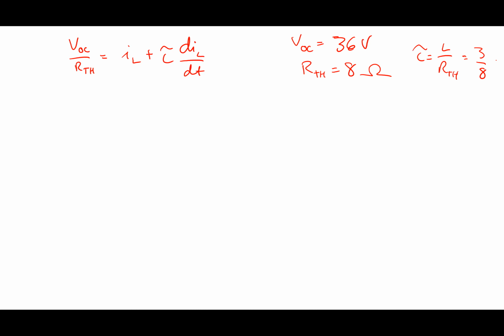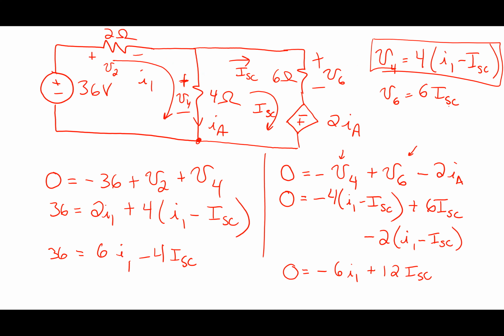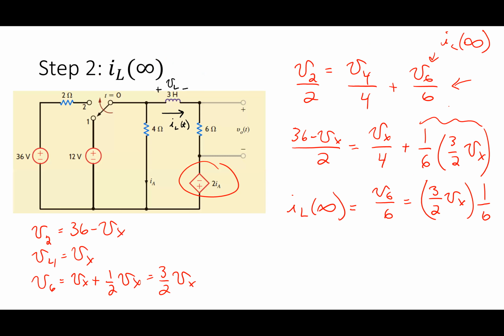That tells me, if I go back and look at the form of the answer, IL of t is equal to IL of infinity, whatever the final value is, plus A times e to the negative t over tau. I know what IL of infinity is. I solved for it a long time ago.